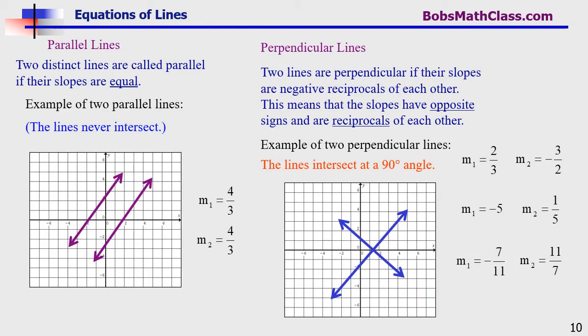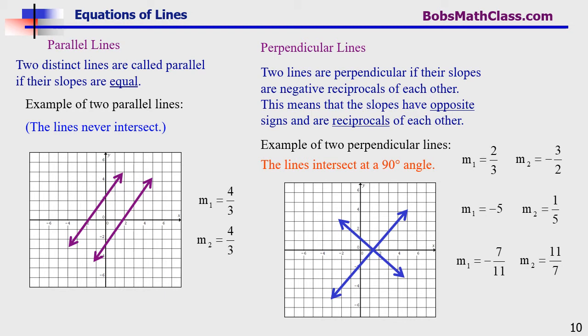Okay, we're going to talk about parallel lines and perpendicular lines. Parallel lines, two distinct lines. Distinct means they're different. So two different lines are called parallel if their slopes are equal. So here's a picture of two parallel lines.